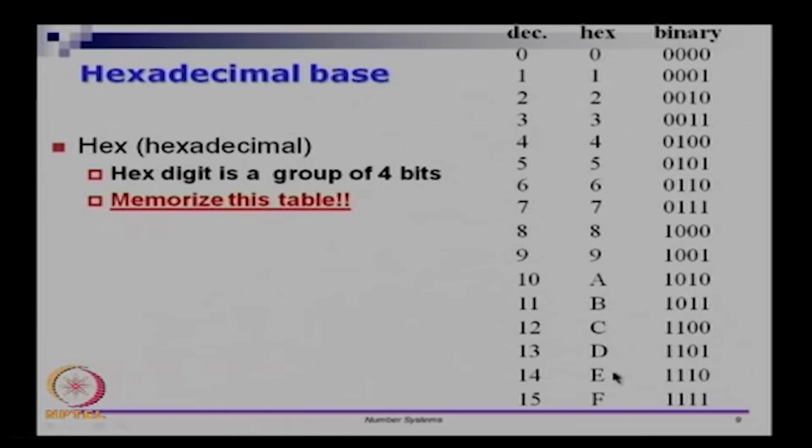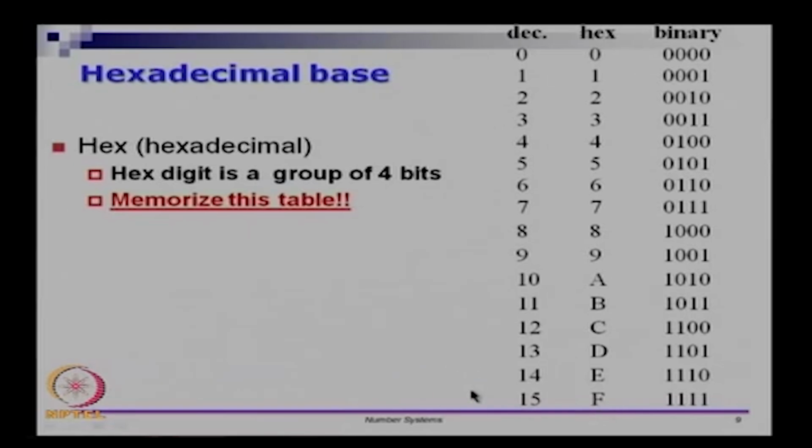So these are hexadecimal digits, these are all single digit numbers. So if you want to write 10 in hexadecimal we use the symbol A, 11 we use B and so on, up to 15 occupies only one digit.